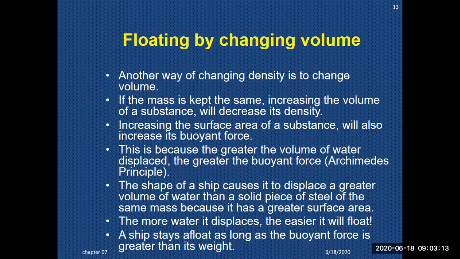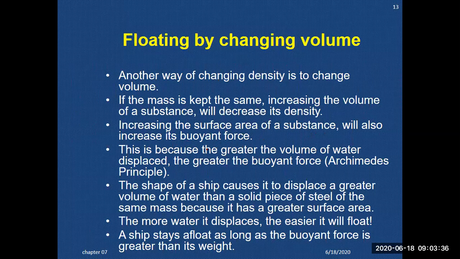Floating by changing volume. Another way of changing density is to change volume. If the mass is kept the same, increasing the volume of the substance will decrease the density. Increasing the surface area of the substance will also increase its buoyant force. Like we have seen during the last class, a block and a ship of the same weight.